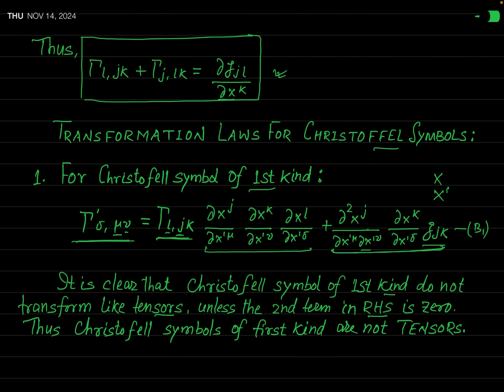But in the actual situation, this second term is not 0. So you can easily say that the Christoffel symbol of first kind does not transform like a tensor, and that's why we simply say that Christoffel symbols of first kind are not tensors.